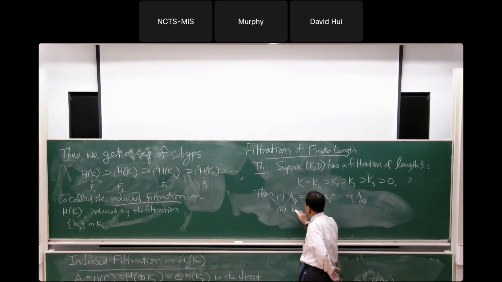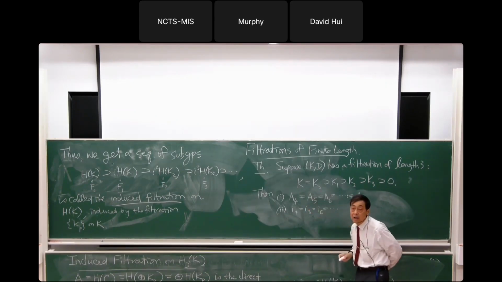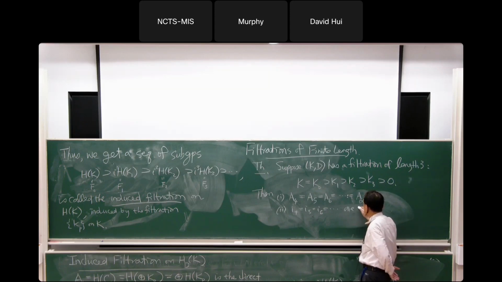So I4 is equal to I5 is equal to I6, and so on. And all of these are inclusions.